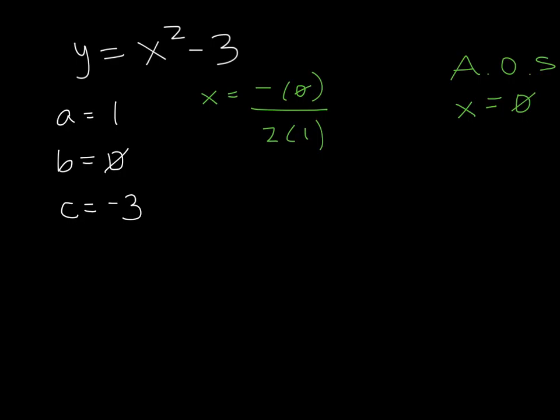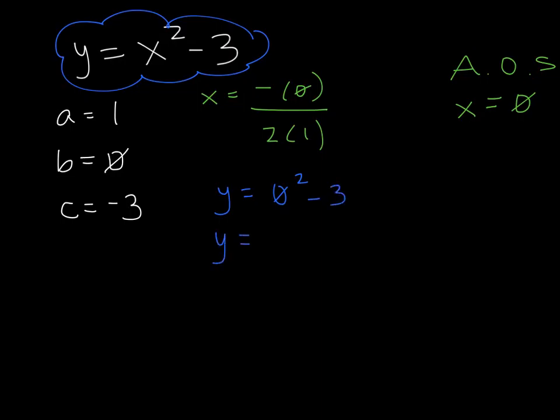So now I need to calculate my vertex. So I have my x-coordinate, so I'm going back up to my equation and substituting that in. So y is equal to 0 squared minus 3, so y is equal to -3. That tells me that my vertex occurs at 0, -3, which should make sense since I just told you that the axis of symmetry is the y-axis.